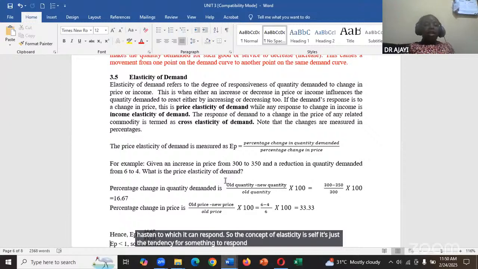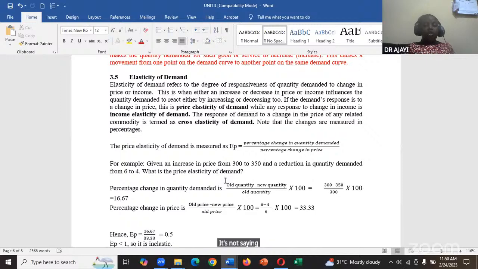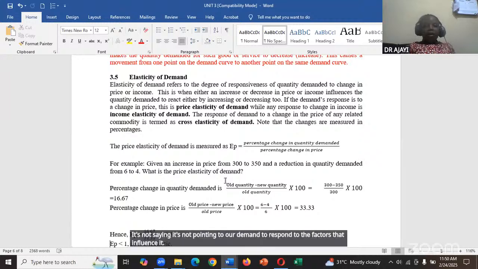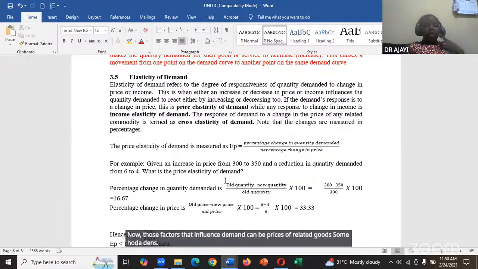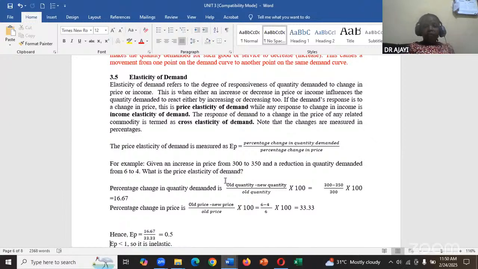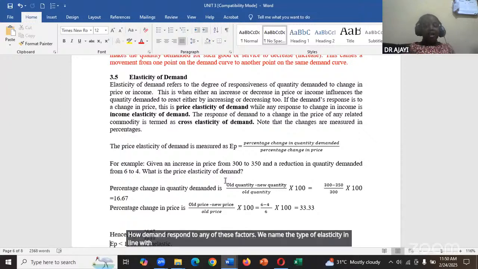But when we now say elasticity of demand, it's pointing to how demand responds to the factors that influence it. Those factors can be price, the prices of related goods, and some other things. We name the type of elasticity in line with those that influence it.